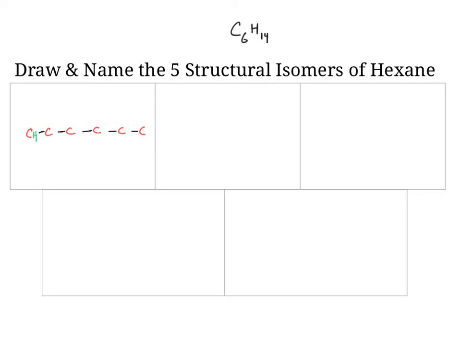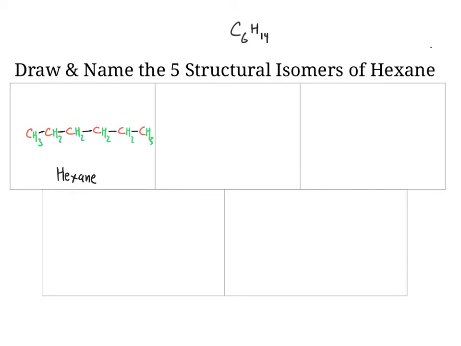So this is CH3, CH2, CH2, CH2, CH2, CH3. Now, that's going to be the structural isomer of hexane. It has 6 carbons, and they're all single bonded together.